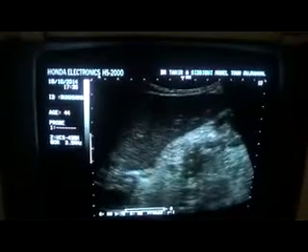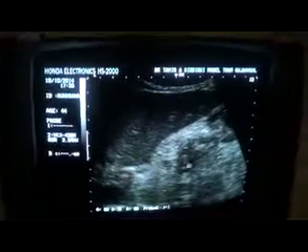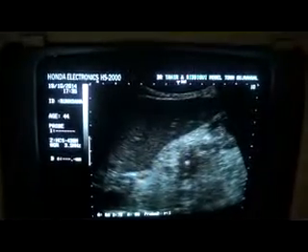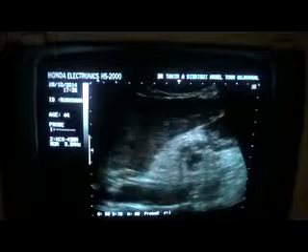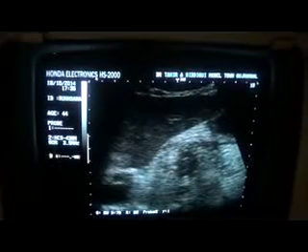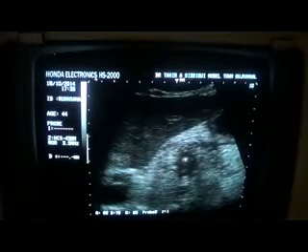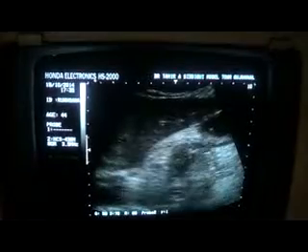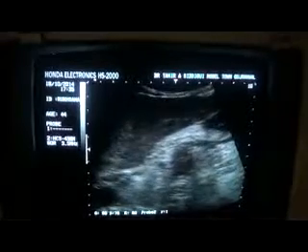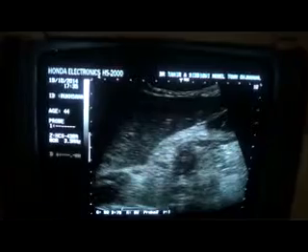Now this is the head of the pancreas. This area is the head of the pancreas. This is the duct. This tiny tubular area is the duct in the head of the pancreas. The head of the pancreas is unremarkable.